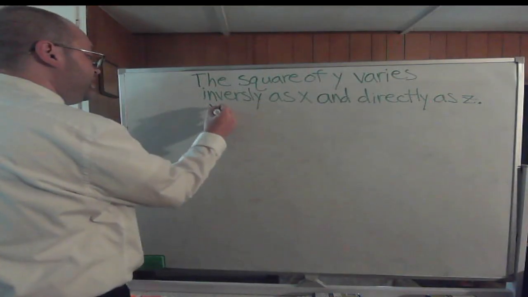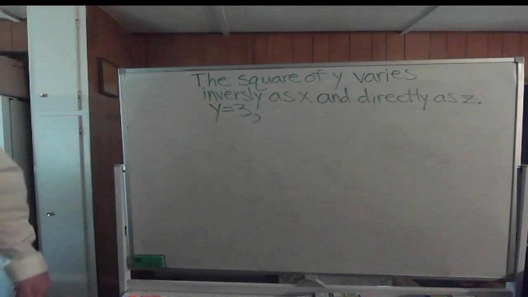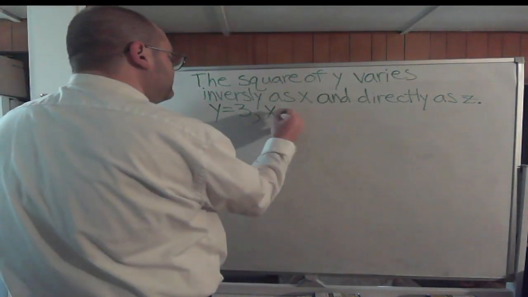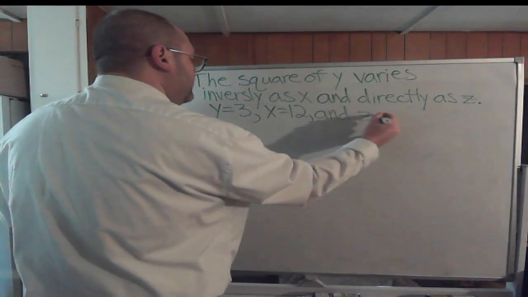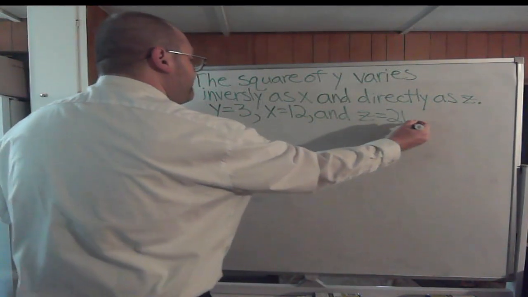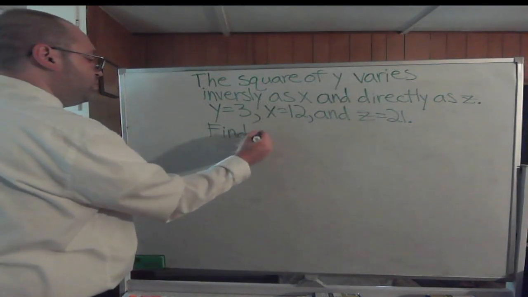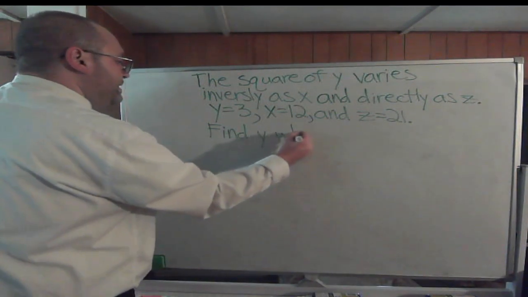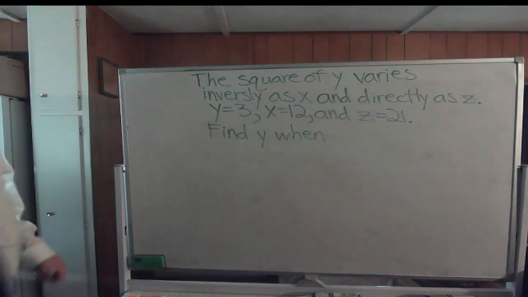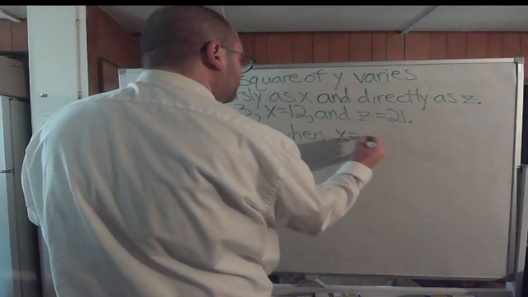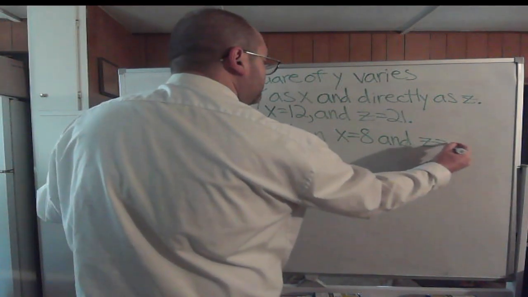So we're given y equals 3, x equals 12, and z equals 21. Find y when x equals 8 and z equals 28.